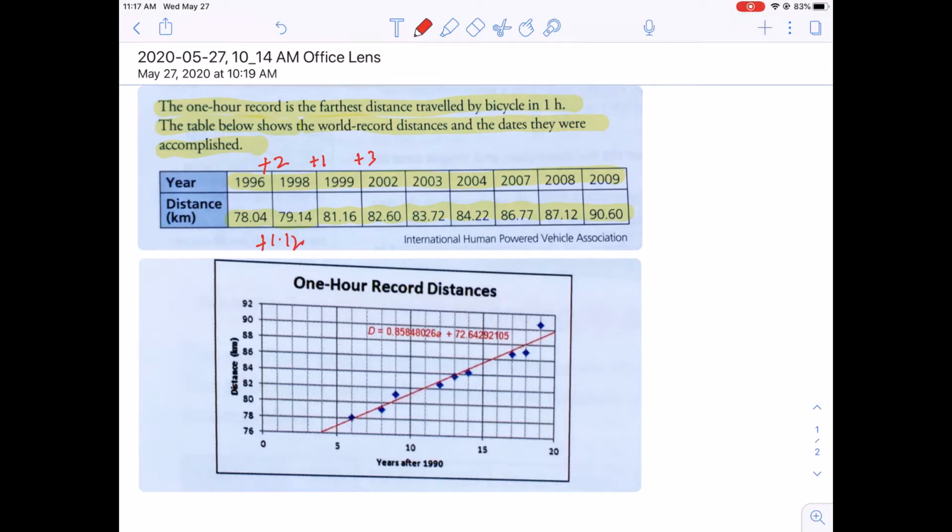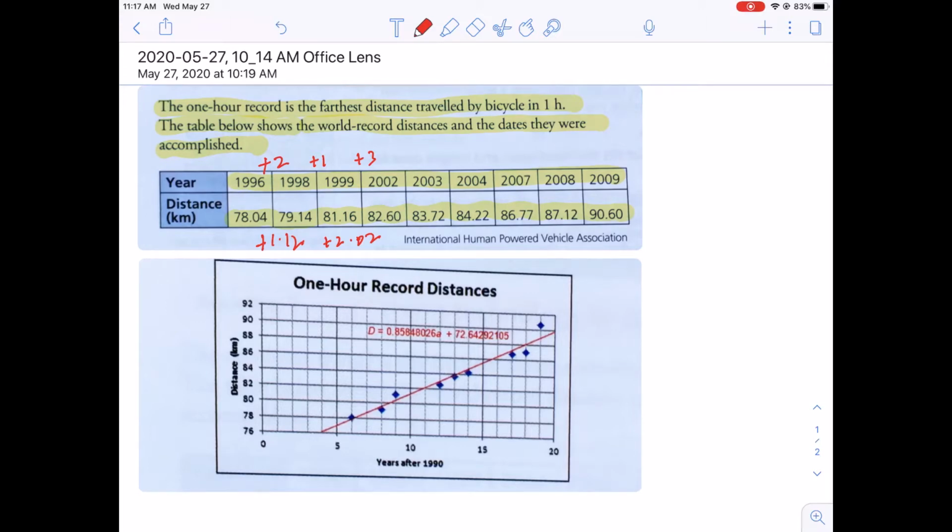Now let us look at the difference between 1999 and 1998. So it is 81.16 and 79.14. So there is an increase of plus 2.02. So when I look at this data, it's not linear.